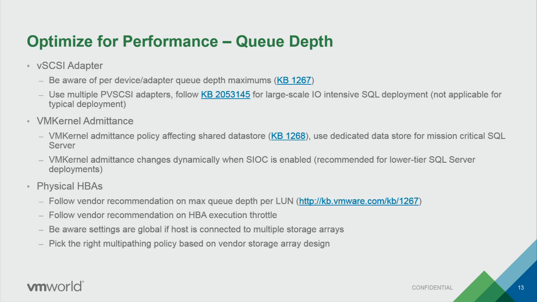And so, at the hypervisor level, it implements three levels of traffic control. The first level is the vSCSI adapter. You can pretty much think of it as the local streets. How many lanes are you opening up for the local streets? And when you are merging onto the highway, you have on-ramps. On the vSphere layer, there is a system called the VMkernel admittance policy.